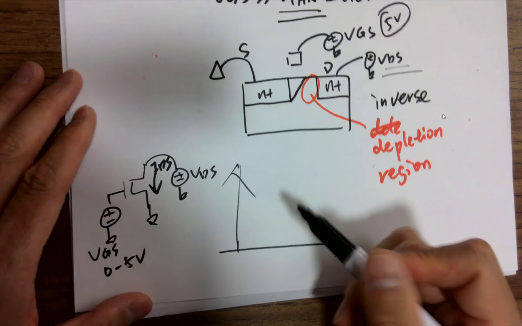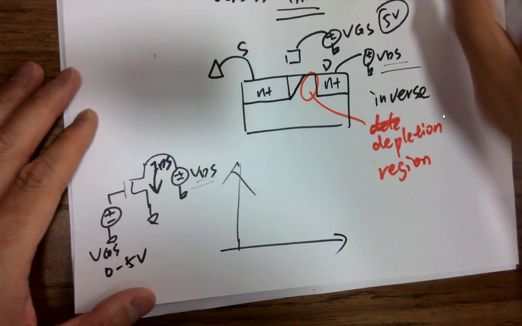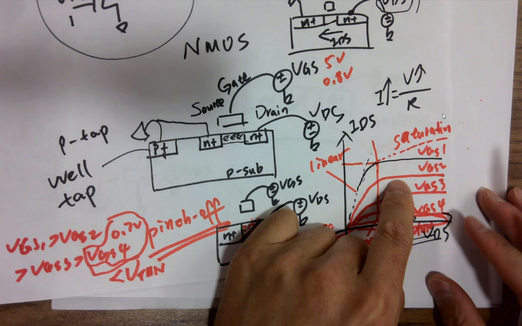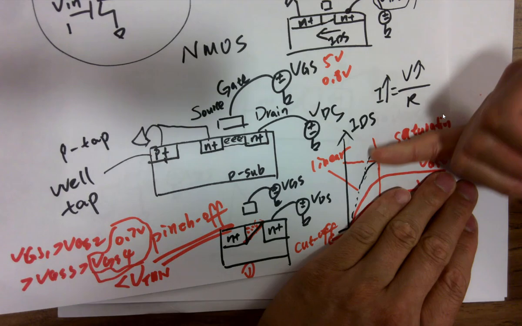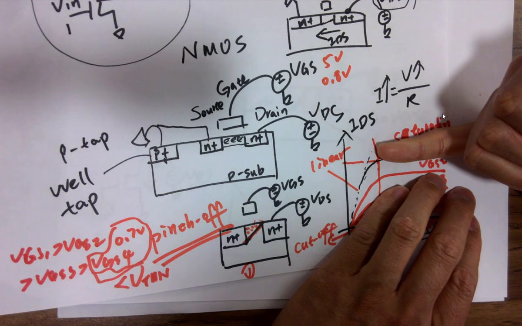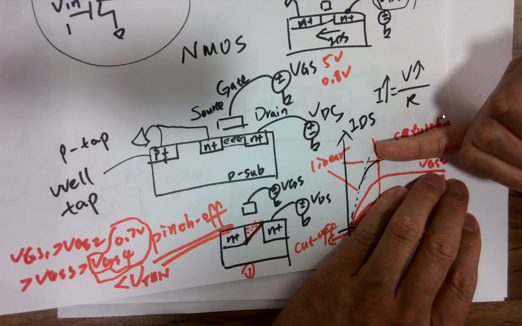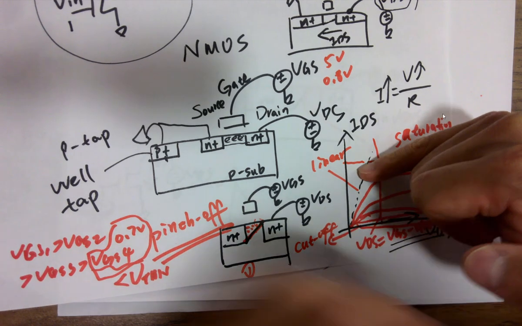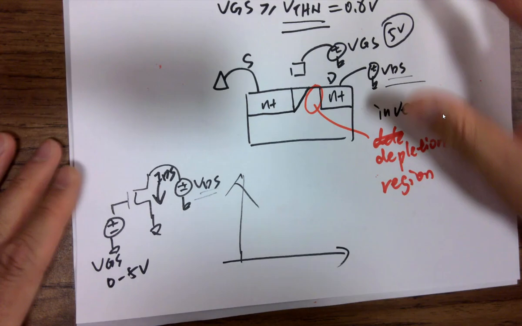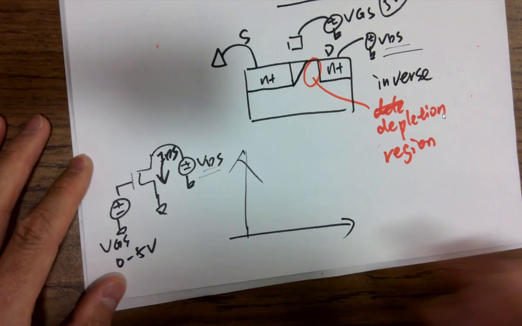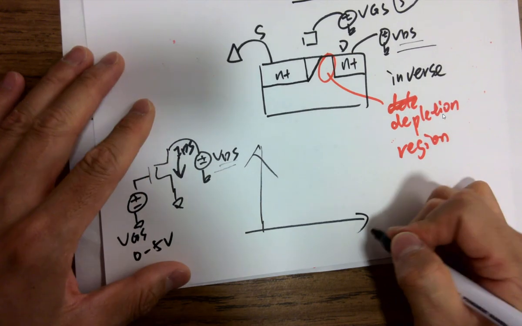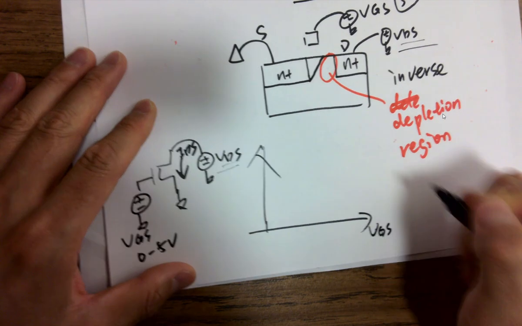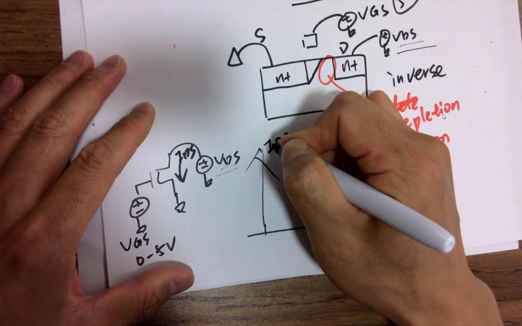So now it's changing because we're not really changing VDS. Like here, we're not changing VGS. If you just look at one of the curves, whenever VGS is fixed, we just keep changing VDS on the x-axis and looking at the IDS. So now we are doing it differently. The x-axis becomes VGS, and this is still IDS, the channel current.